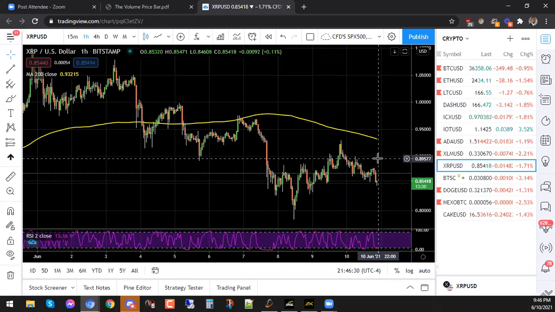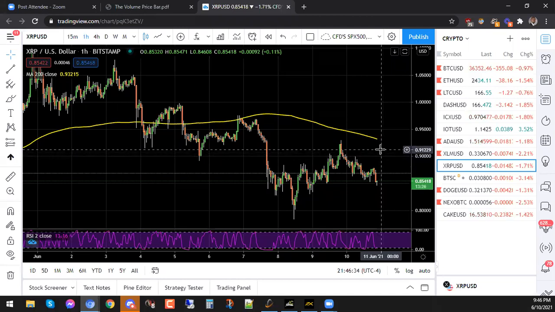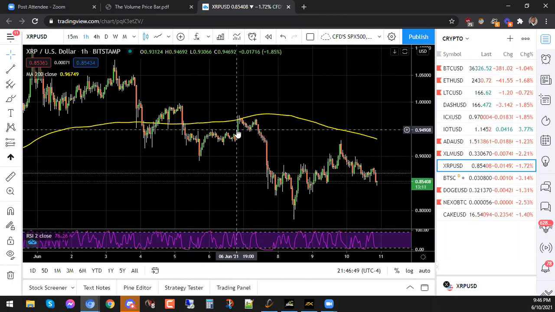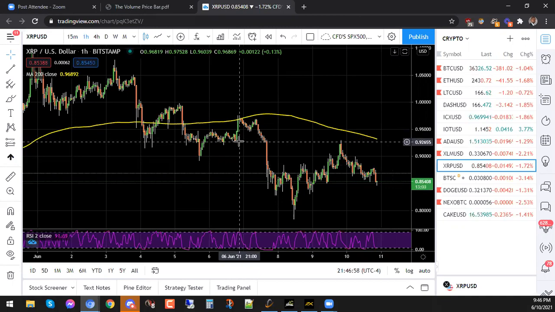And as you know, the crypto market does not have an open, does not have a close, right? So we need to understand which session is in charge of the crypto market. I haven't really paid that much attention to it, but typically we would see a lot of pressure coming into the crypto market sometime after the US session.